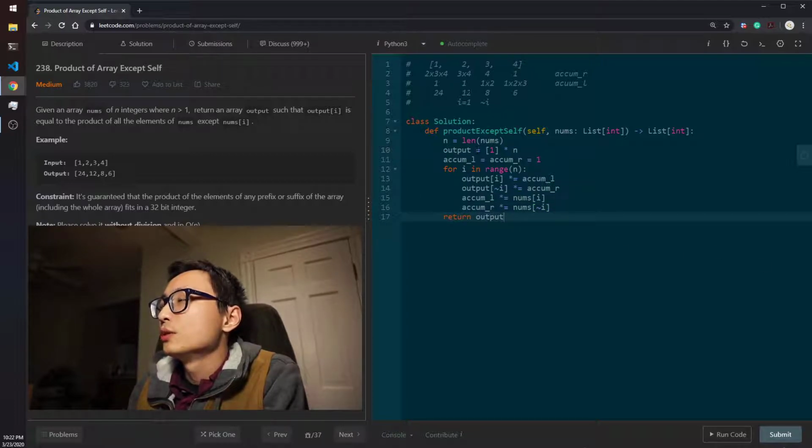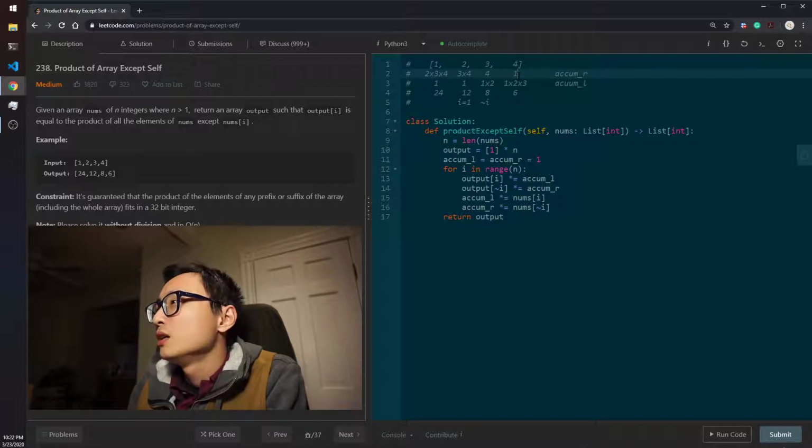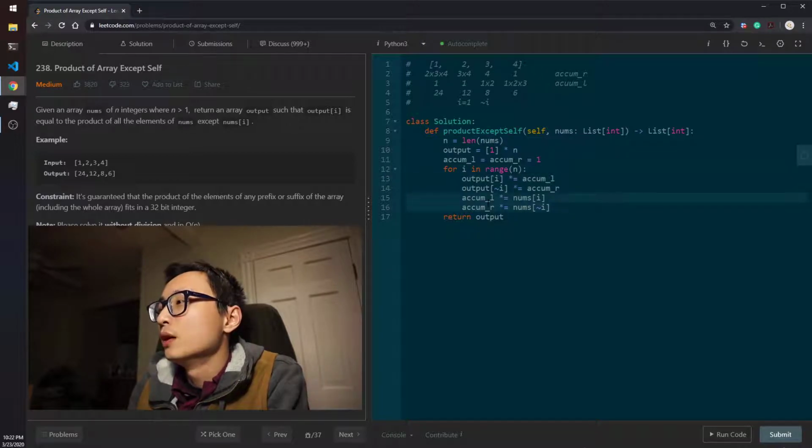So just to reiterate the process, we are accumulating this right accumulator from 1 to 4 to 3 multiplied by 4 to 2 multiplied by 3 by 4. Notice that we're initializing this with 1 here, and the order is doing this update first, then doing this update.